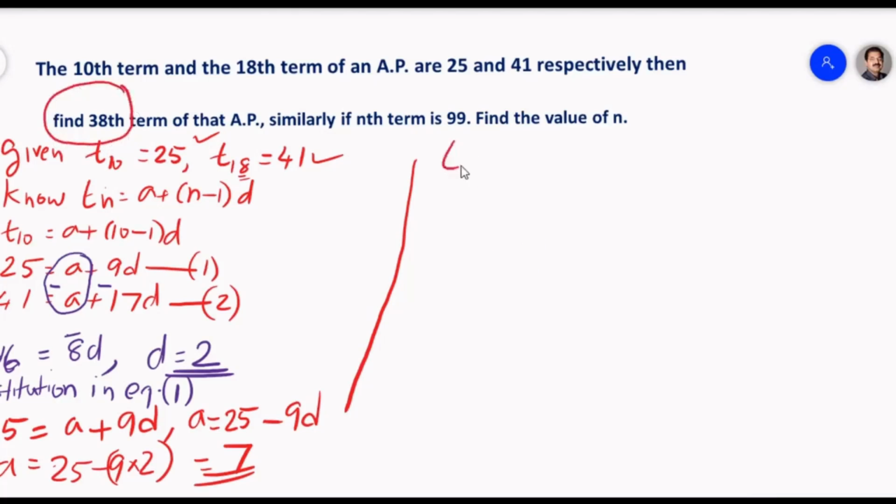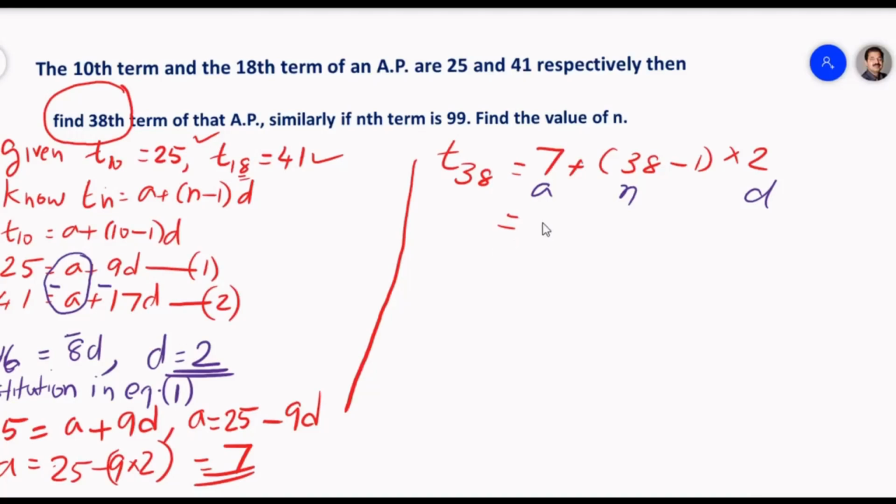T38 is equal to, according to the formula, a plus, a is 7 here, plus 38 minus 1, and d we got as 2. We know that a is the first term, 38 is the nth term we are trying to find, and d is the difference. 38 is the number of terms. Okay, so we can further proceed.